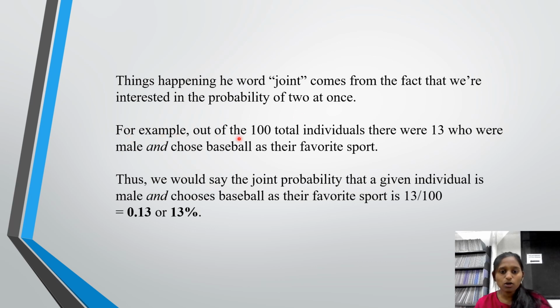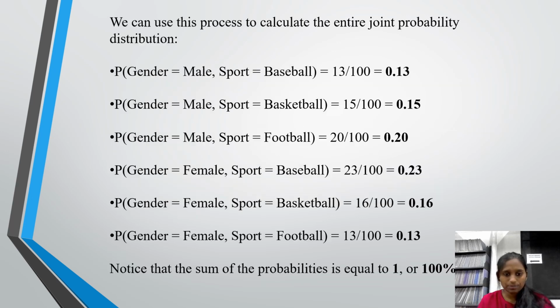For example, out of 100 total individuals, there were 13 who were male and chose baseball as their favorite sport. Thus, we could say that the joint probability that a given individual is male and chooses baseball as their favorite sport is 13 by 100. It is nothing but 0.13, or we can say 13%.